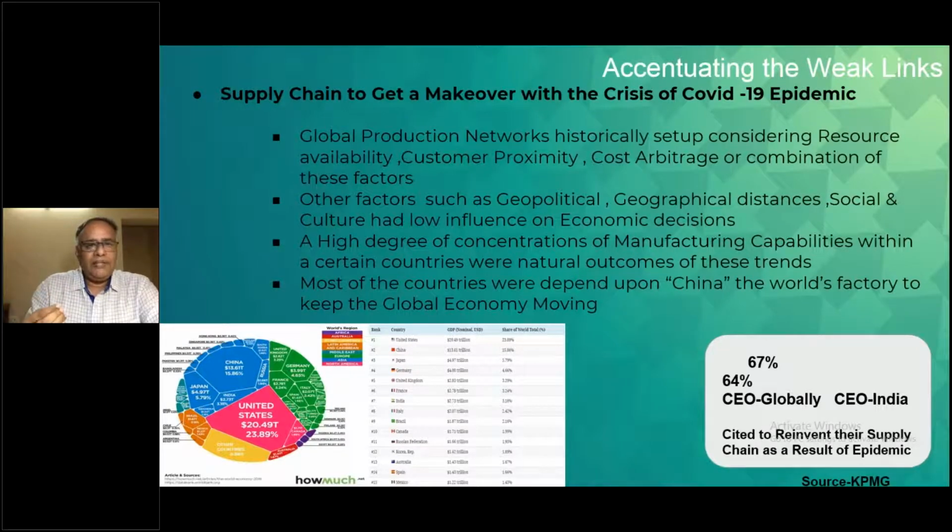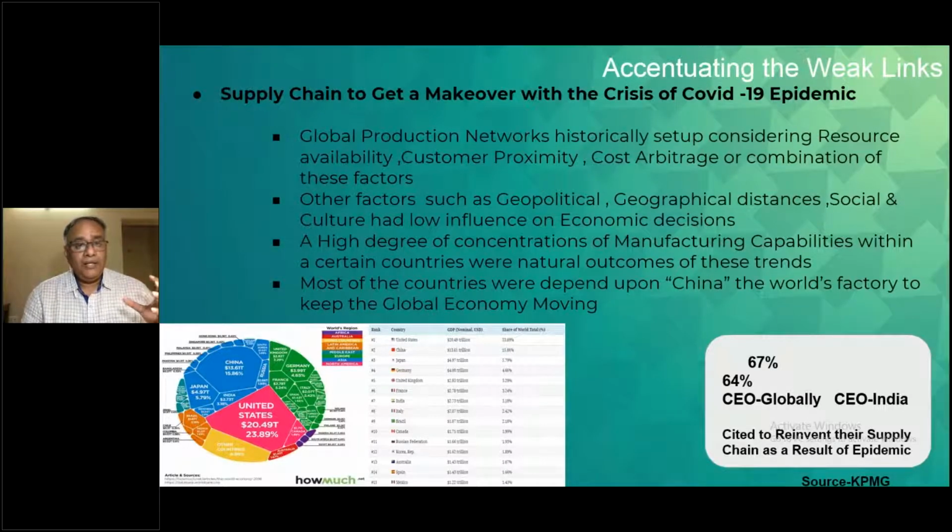Next to that, other factors like geopolitics, geographical distances, and social culture, and how they can influence economic decisions, we used to see, but not with that much effect. But a high degree of concentration of manufacturing capability within a certain country was a natural outcome of these trends.